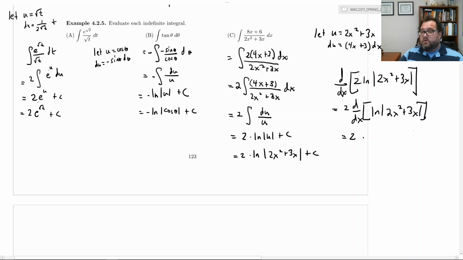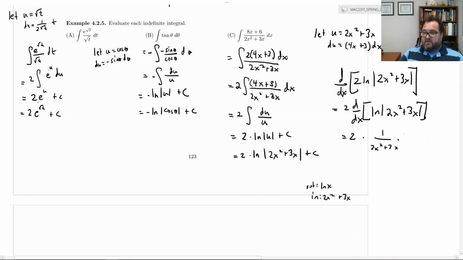Now apply the chain rule. What's the outside function? Well, that's natural log x. Inside function is 2x squared plus 3x. So the chain rule says we take the derivative of the outside function, 1 over x. We evaluate it at the inside function, so we plug in 2x squared plus 3x, and then we multiply by the derivative of the inside function.